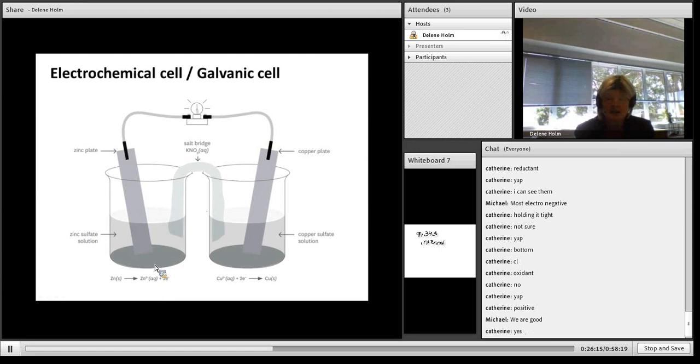And if I don't fix that, the reaction is going to stop, because you're not going to get more positive ions being formed and leaving the zinc to go into a positive solution. It won't do that. It would rather stay where it is. So what happens to try and make this neutral? We have then anions moving through here to make this neutral.